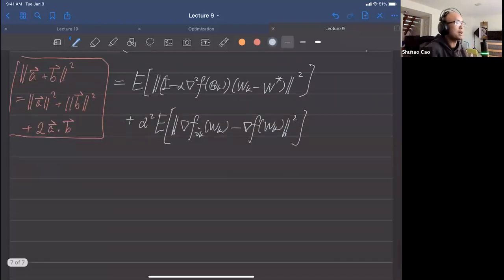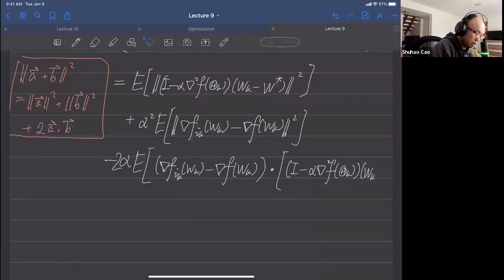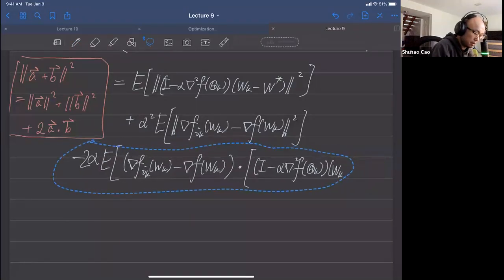And lastly, we have the cross term, that is minus 2 times alpha times the expectation of the gradient of Ik at Wk and the gradient of F at Wk, dot product of... let me move this a little bit to the left.